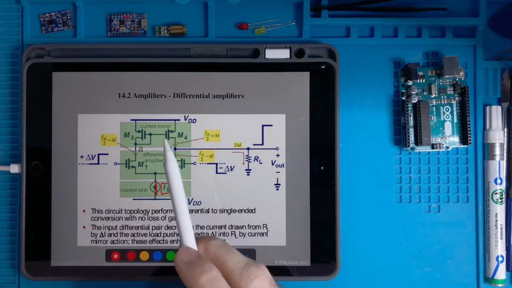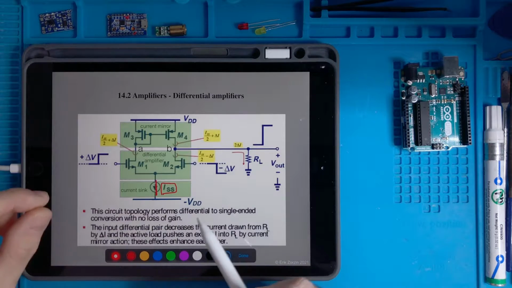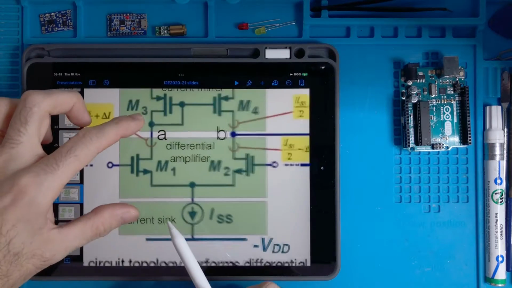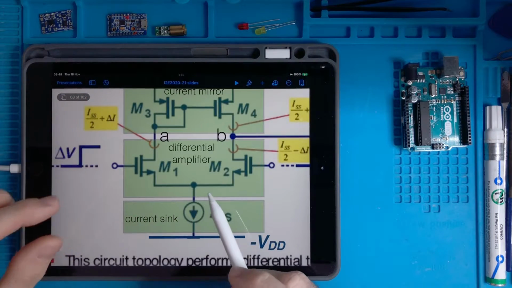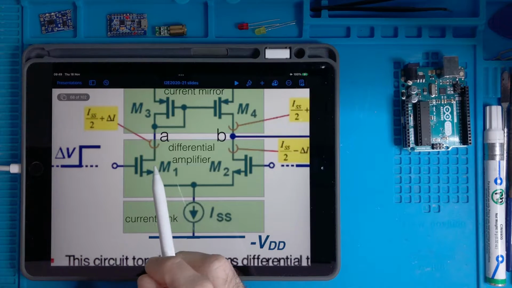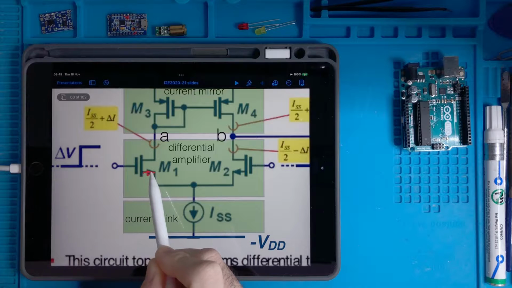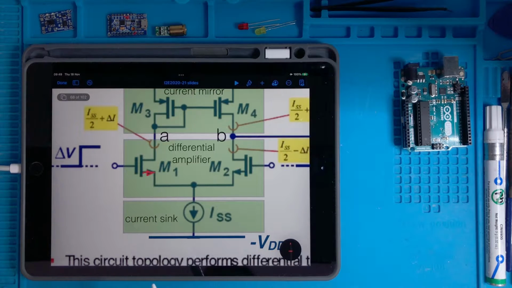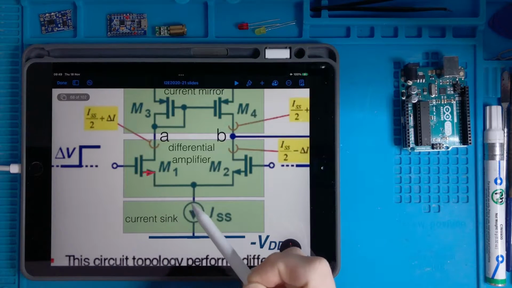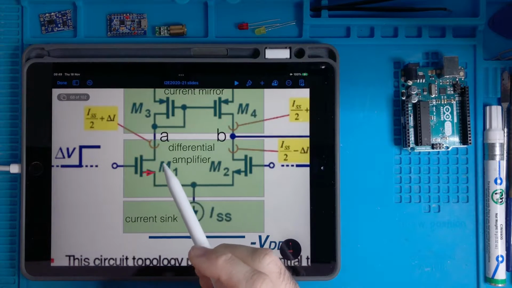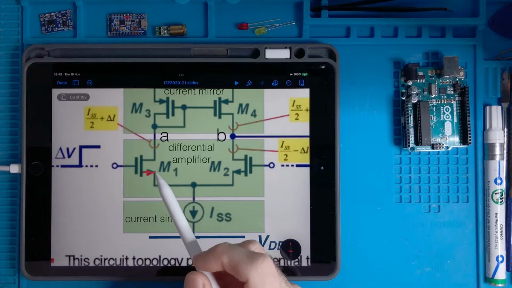But let's notice a thing. We didn't say one thing when we were studying the MOSFET. You see this symbol, it has a little arrow coming out indicating the source. So this arrow will indicate the direction of flow of the formal current actually.